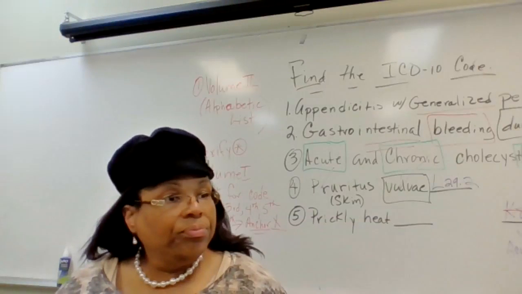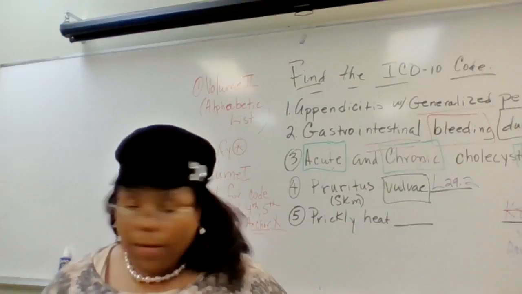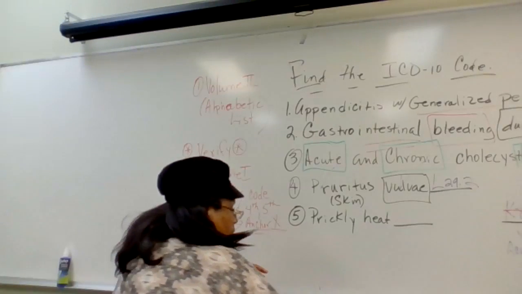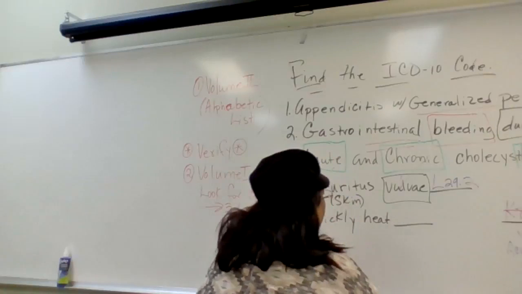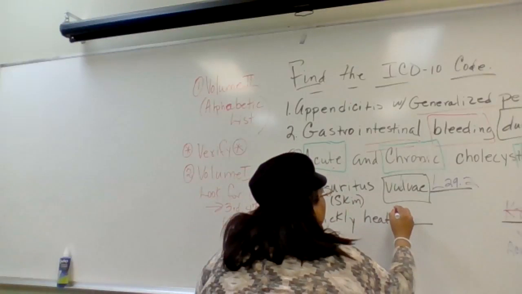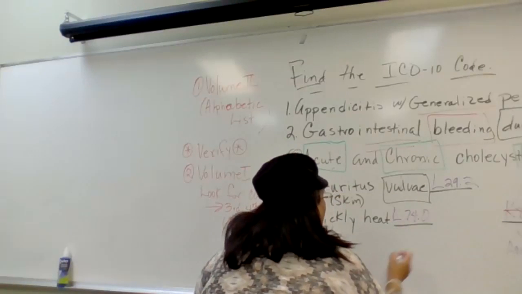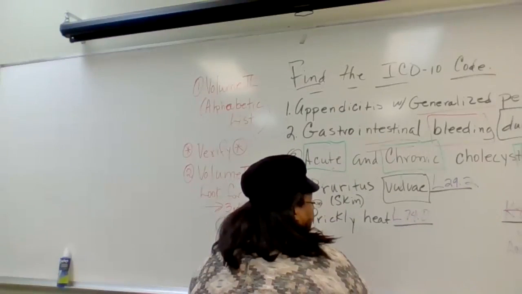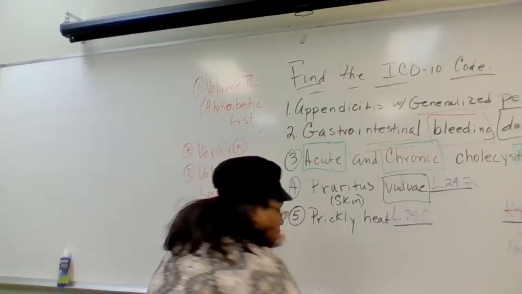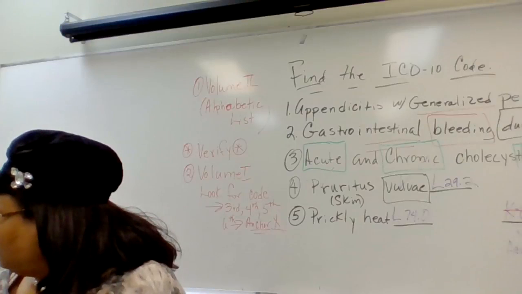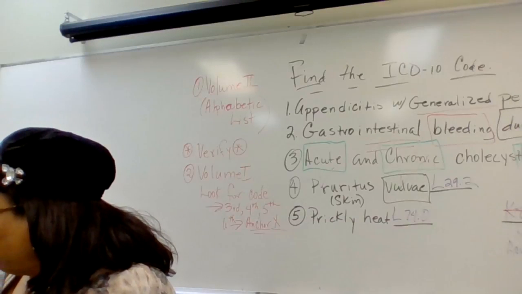L74.0? Okay, Tasha says it seems like there's more to it. L74.0. Is that what you got? Yeah. Okay, did y'all verify it? Yeah. And what did you get, Tosh? Miliaria rubra. Okay, is this saying the same thing?